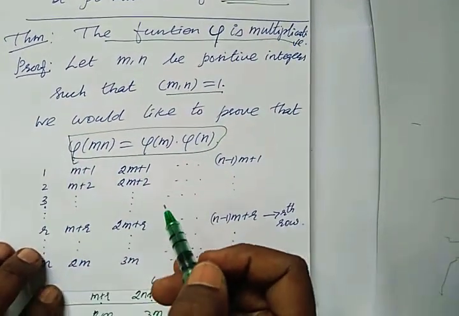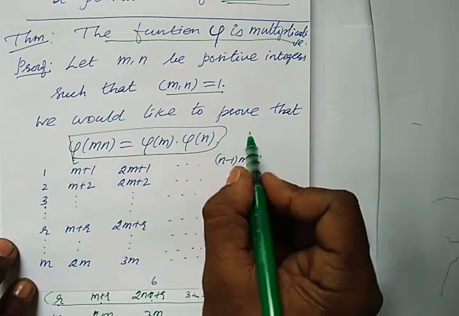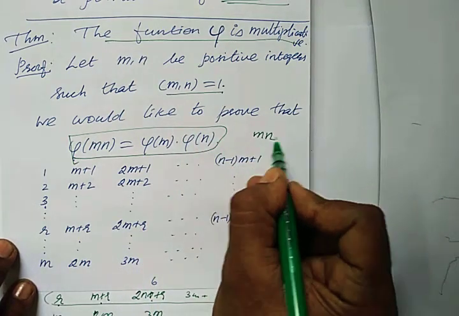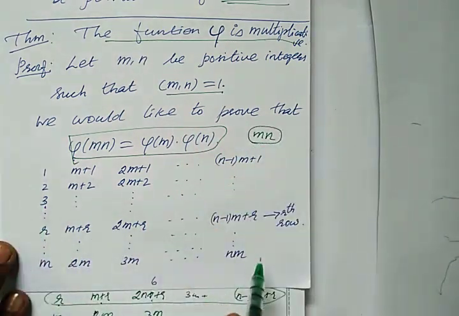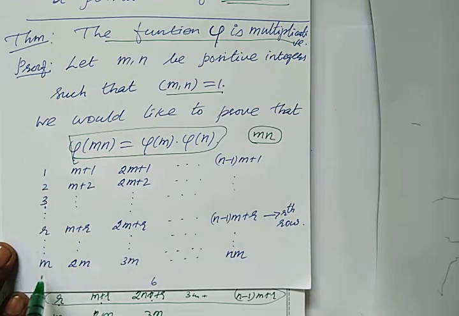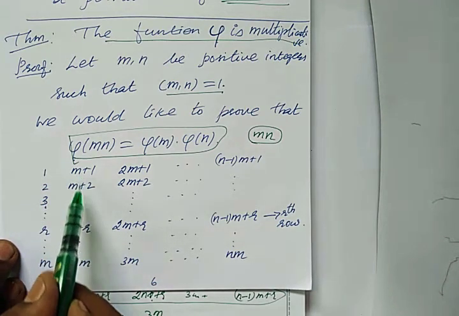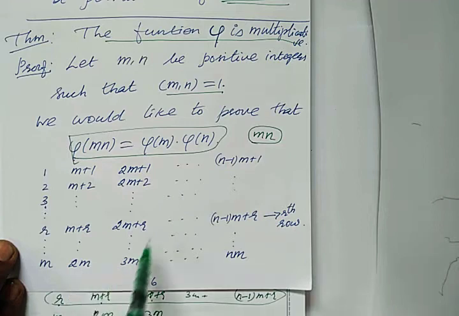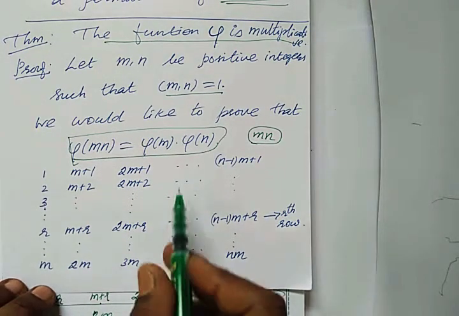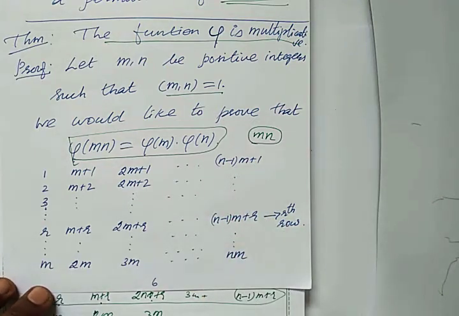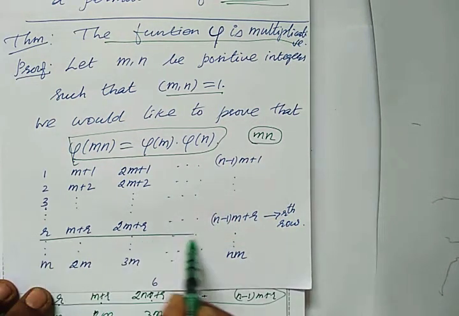Let us write 1 to mn, all the numbers in this form: 1, 2, 3, etc. m, and then m plus 1, m plus 2, etc. 2m, and then 2m plus 1, etc. 3m, and then etc. The last row comes. This is the rth row.